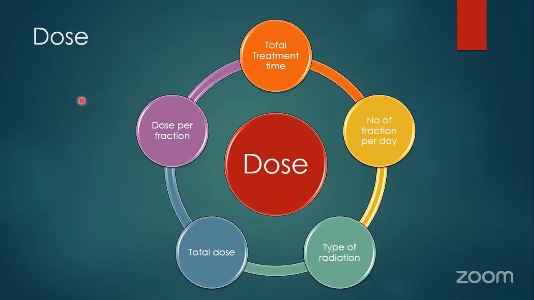So we have to see how many fractions we are going to give per day, and the type of radiation. Is it internal or external, or what kind of radiotherapy are we going to administer? And the total dose of radiation has to be considered, and also the dose per fraction of the treatment is important.